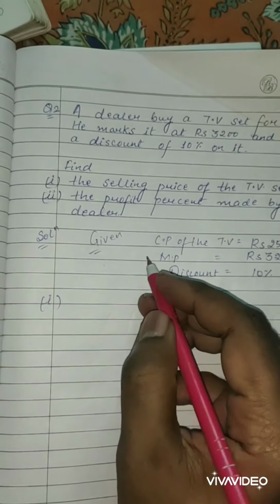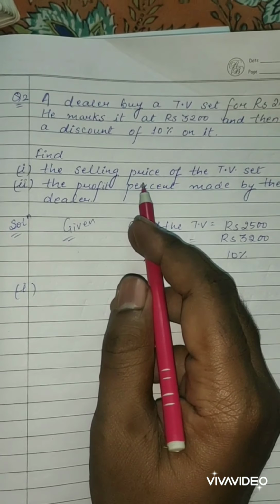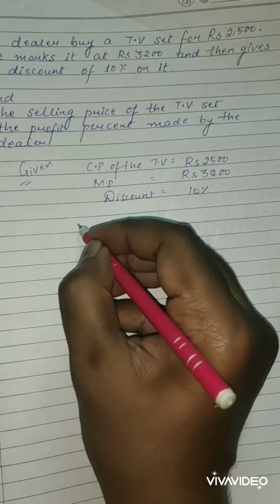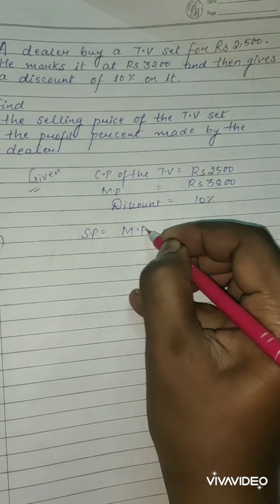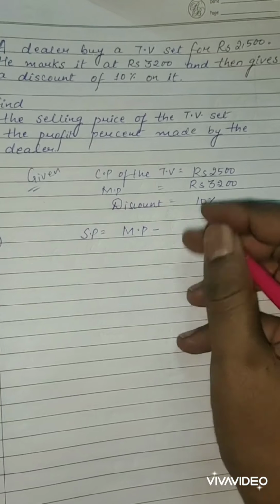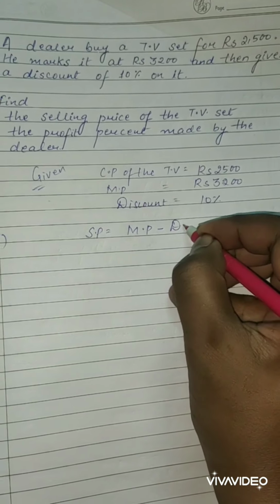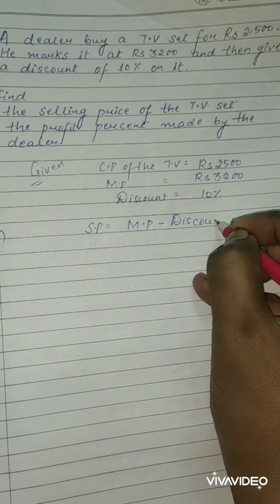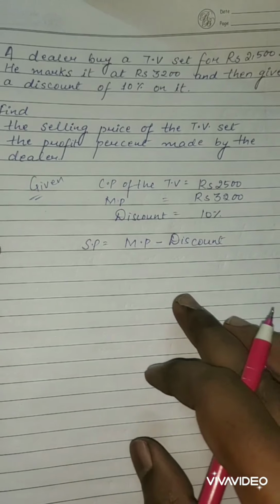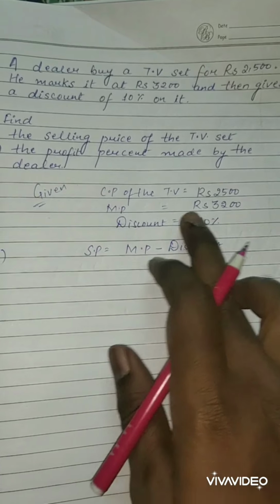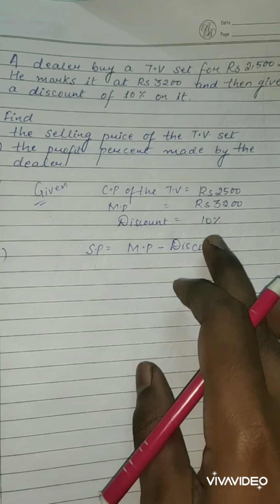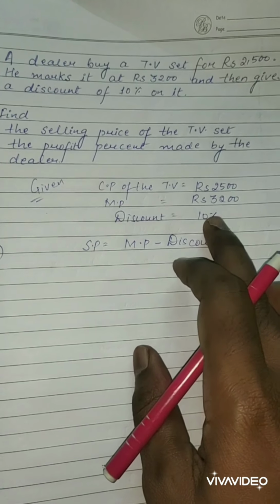So we know that we have to take out the selling price of the TV set. So the formula is mark price minus the discount. See, mark price minus the discount. So mark price is given to you, but discount is not given because it is given in percent over here.